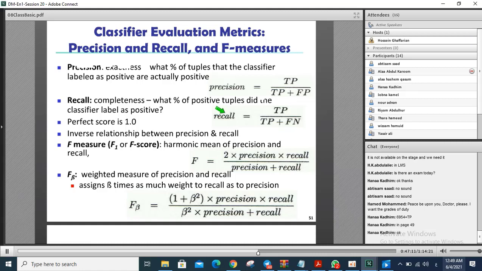In precision, we say the number of true positive tuples divided by total actual positive records. But in recall, we say the percentage of the records which are predicted by the classifier as the positive class.